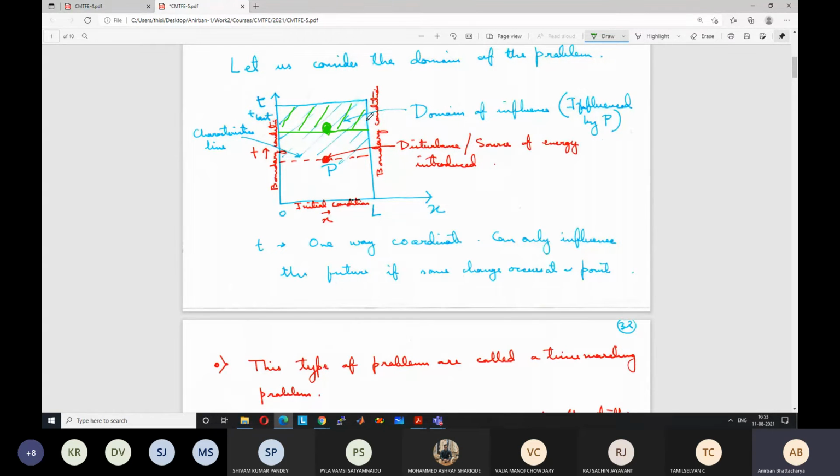Wherever the perturbation occurs, it will define the domain of influence. If some change had occurred here, the entire region ahead of this would have been the domain of influence.